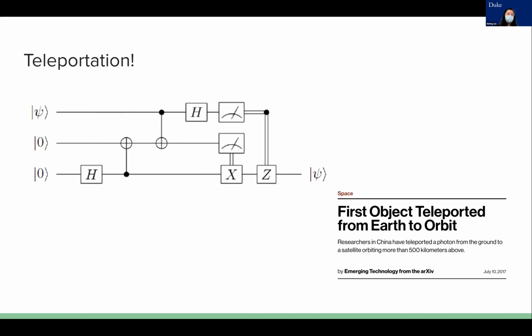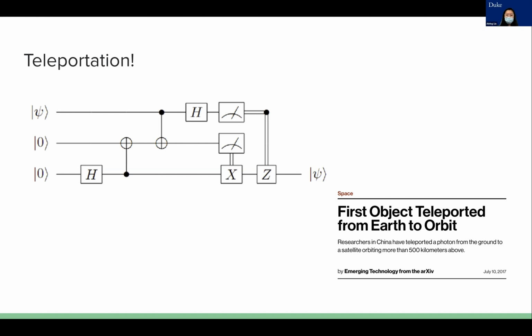So this is a really simple application of something we can do. It's called teleportation, which means that we teleport a qubit. This is a new thing: in 2017, researchers in China teleported a photon from the ground to a satellite orbiting more than 500 kilometers above.